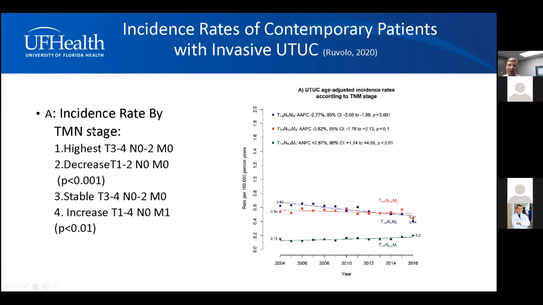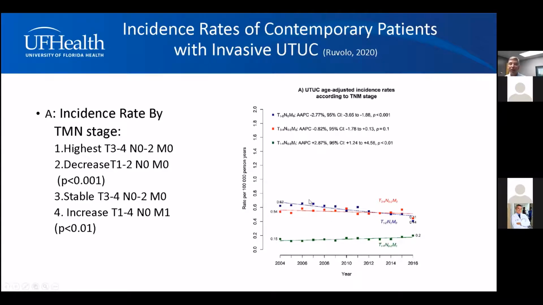Incidence rates by TNM stage. The highest rate is in this red line, T3-4.